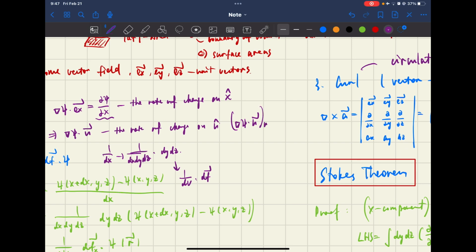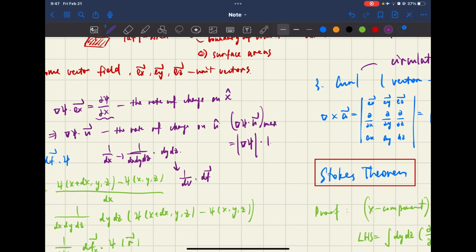What is the maximum? Since u is a unit vector, its modulus is 1, and this is a dot product, so its maximum will be the modulus of del phi times 1, which is just itself.